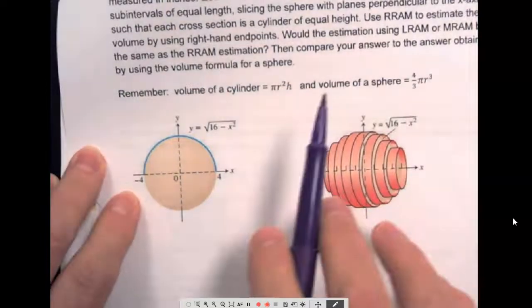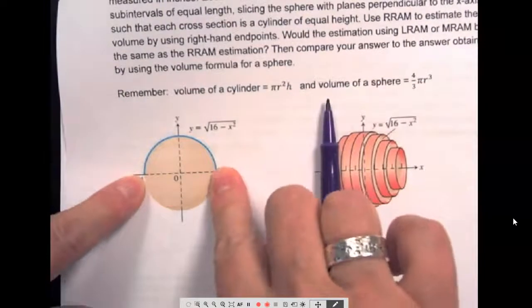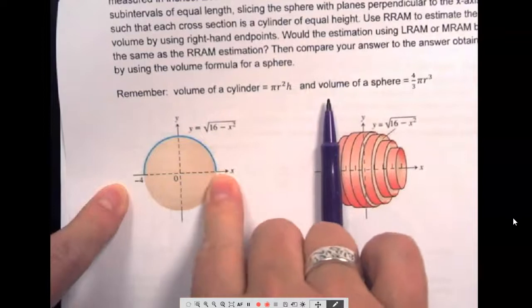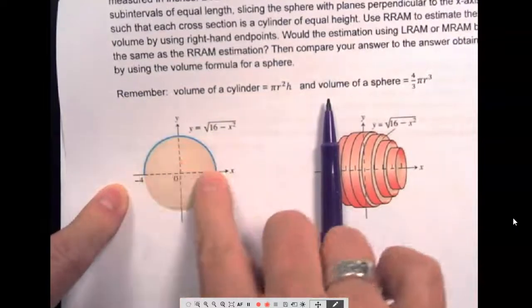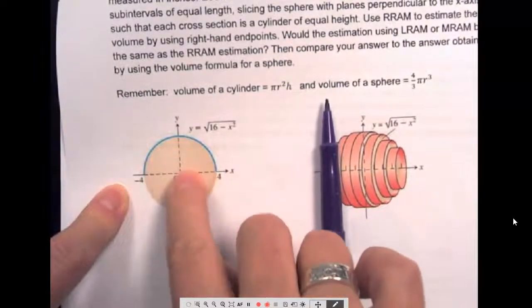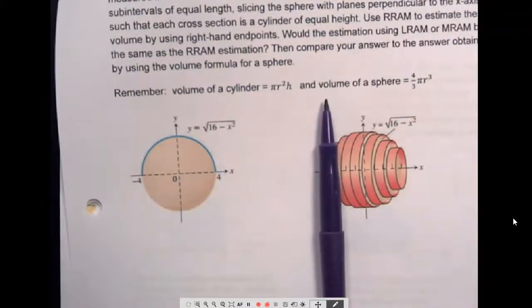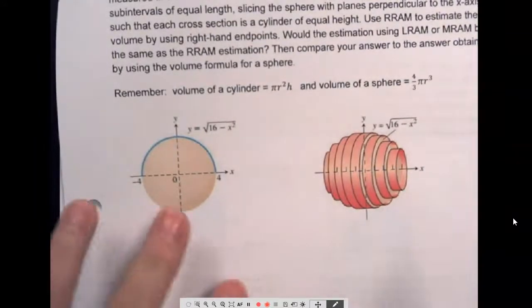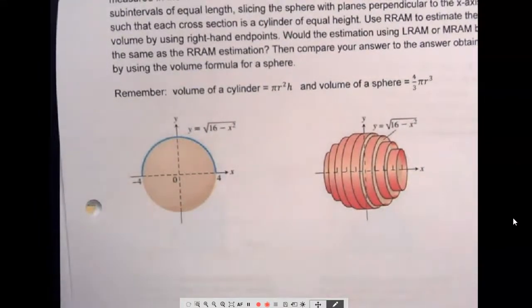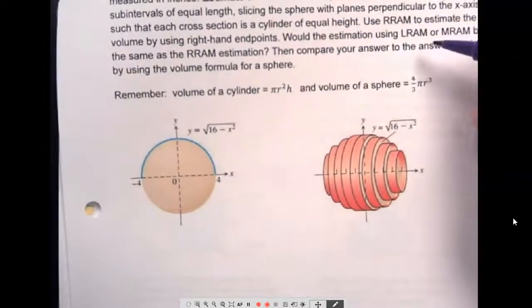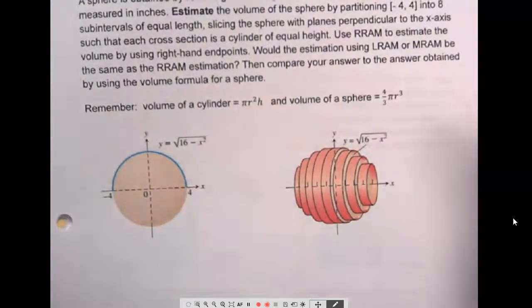Imagine that I take this little semicircle and shade it in below so that I truly have the whole semicircle, and I'm going to revolve it around the x-axis. And so what would be filled in is a sphere. Yes. Okay. I'm going to use some calculus here, some right RAM specifically, to estimate the volume of this sphere.